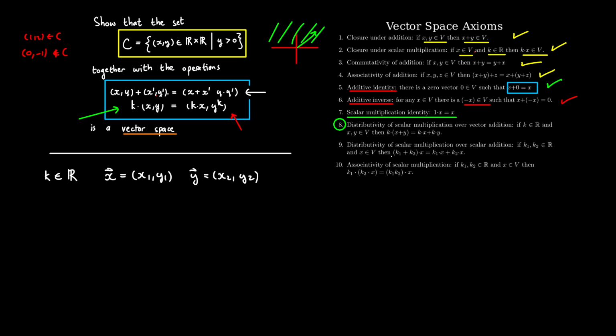Now let's compute the left-hand side over here. So the left-hand side of 8, for these specific vectors, is exactly equal to k times x plus y.